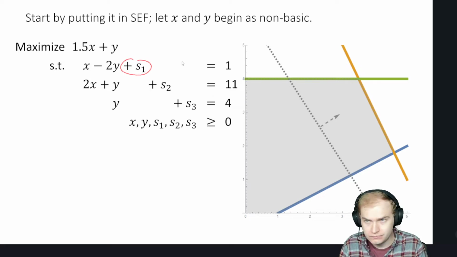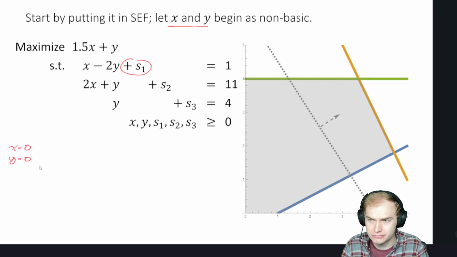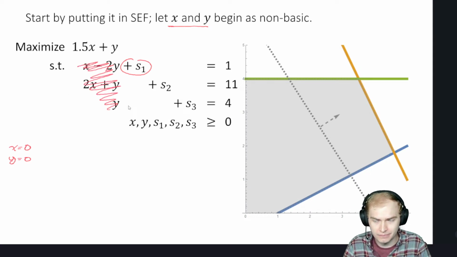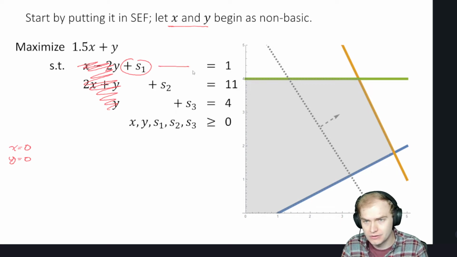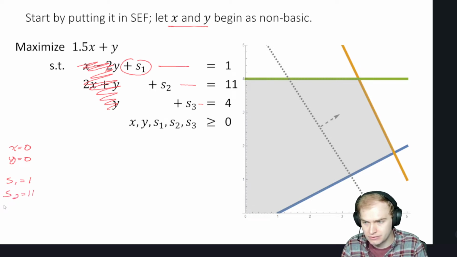So I've said let x and y be non-basic at the start, so that means that x equals 0 and y equals 0 for now. So we ignore that part and we just solve what remains. S1 equals 1, S2 is 11, S3 equals 4.